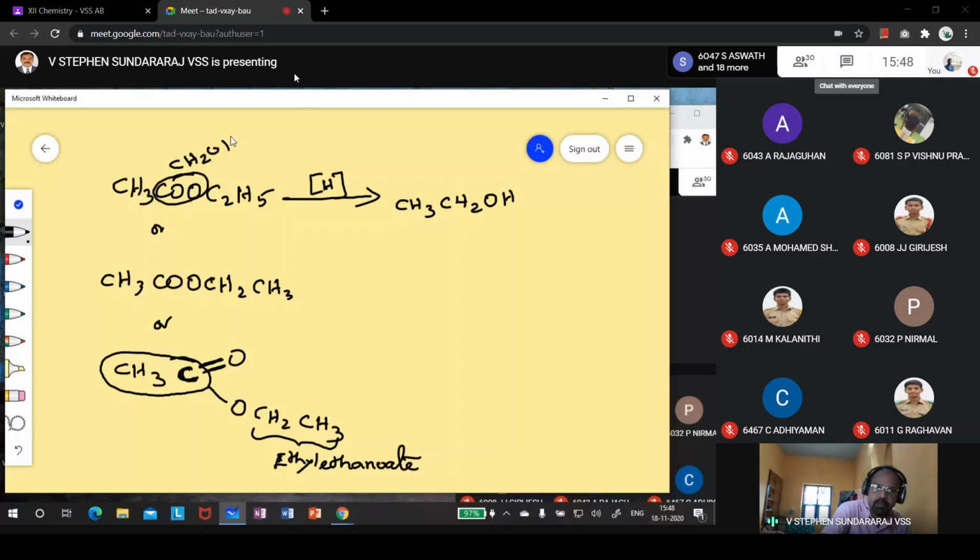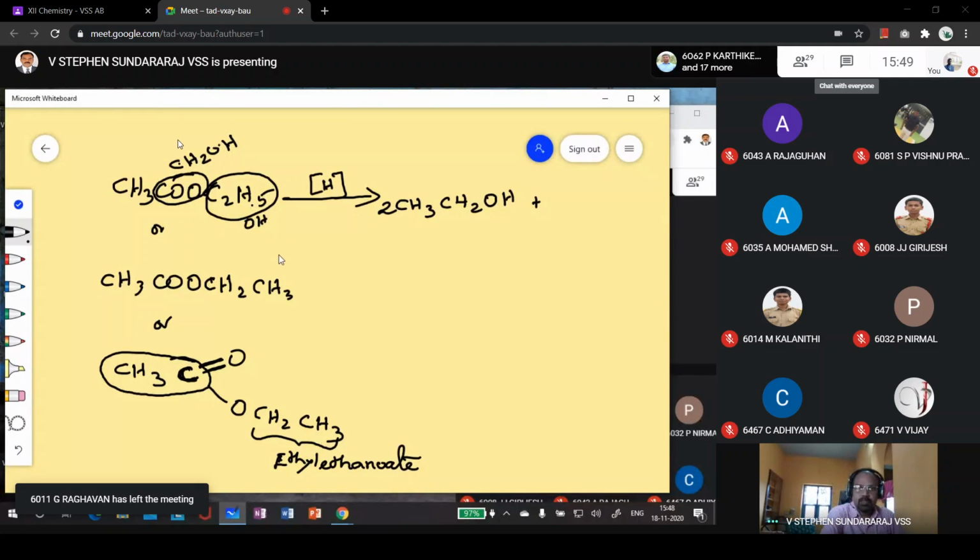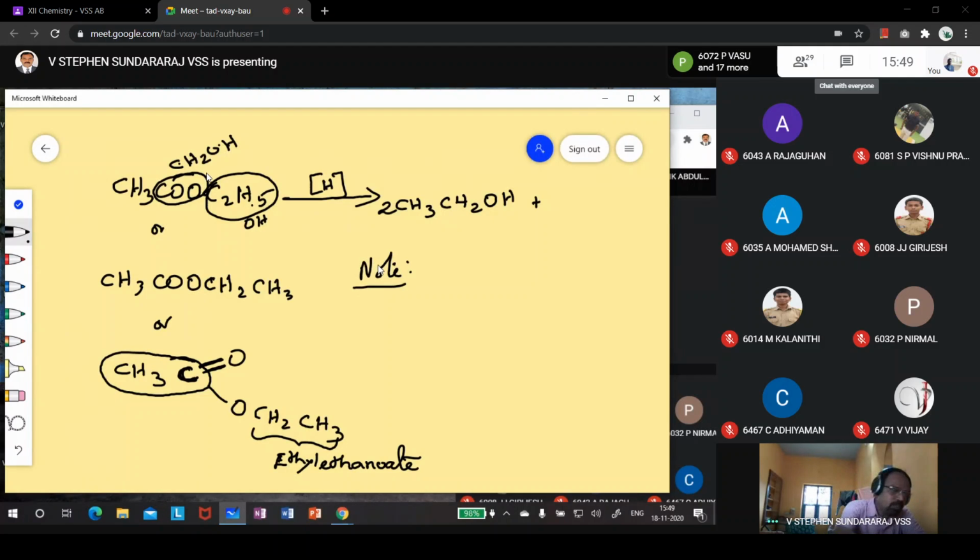So CH3CH2OH. Understand? Here also C2H5, and again another molecule. So 2 moles will be formed in total. One is from the acid part, one is from that alkyl group. Okay. So here note, you write down the note.